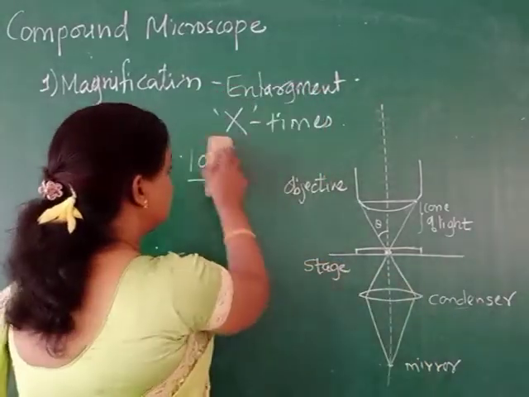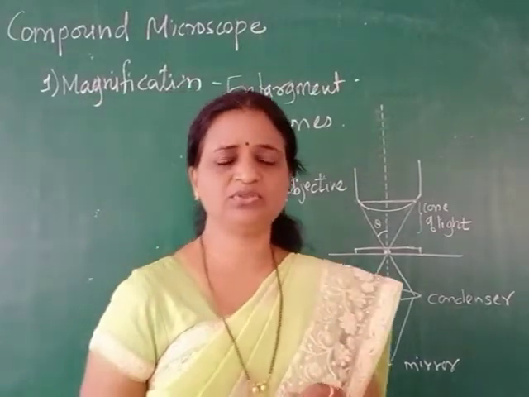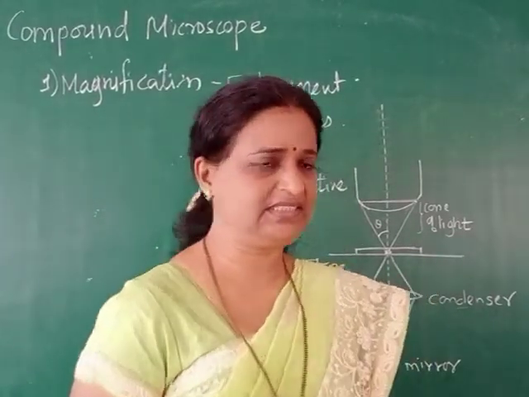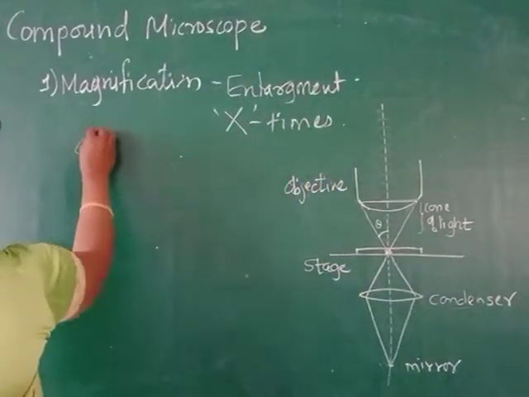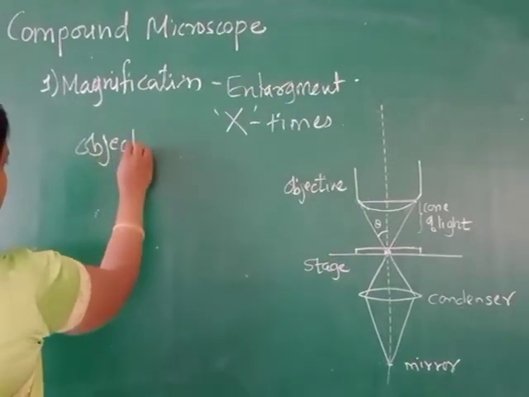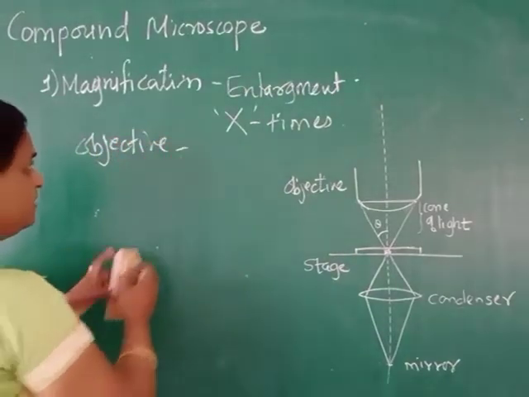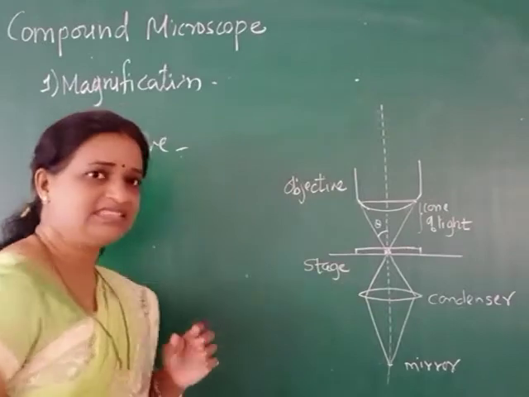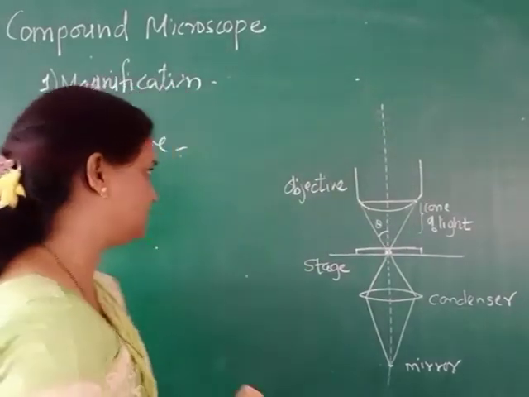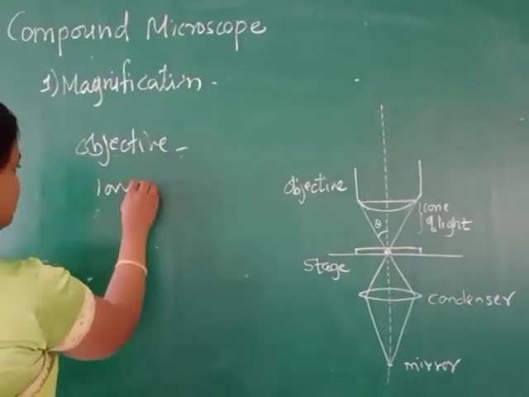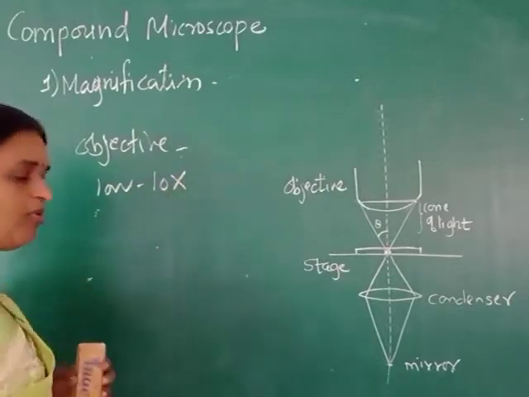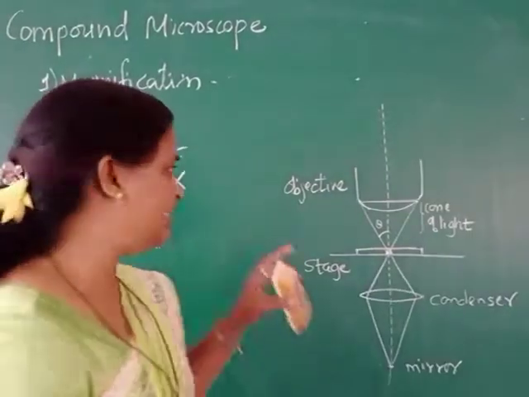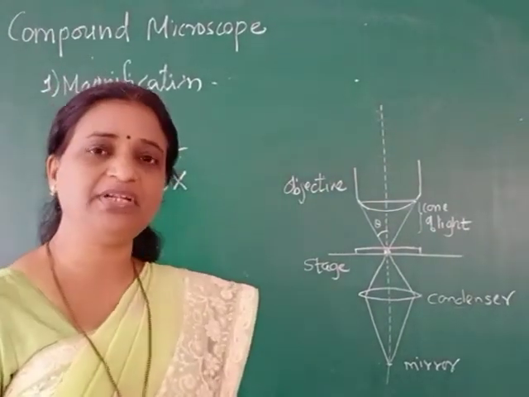Now the magnification of the compound microscope is done by two lenses. One is the objective lens. The compound microscope is equipped with three objective lenses having three magnifying powers. All of you know which these are. One is the 10x low power objective, with magnifying power up to 10x.